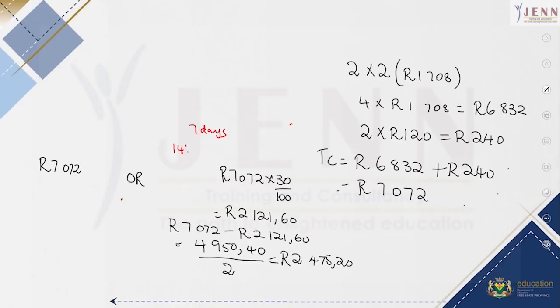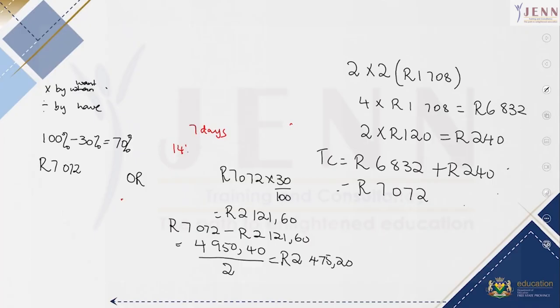But according to the given information, Mpho and Refilwe will only contribute 70% because the other 30% is from the school. So in our case, we use the principle of multiplying by what you want and dividing by what you have.